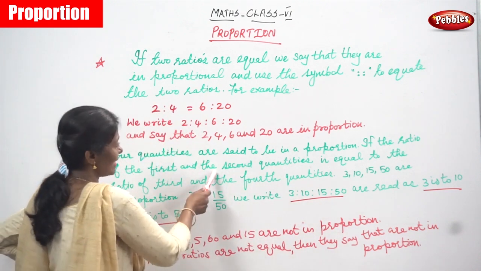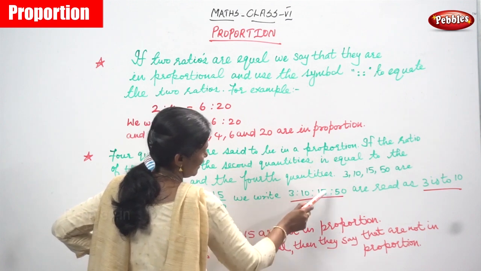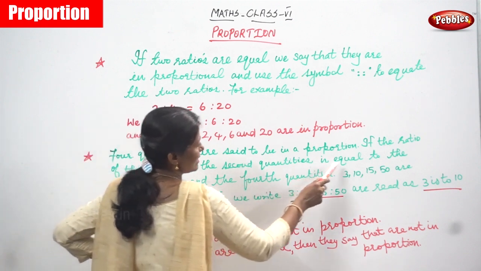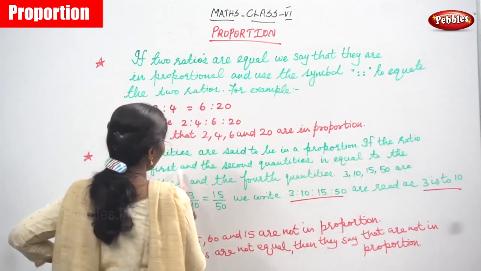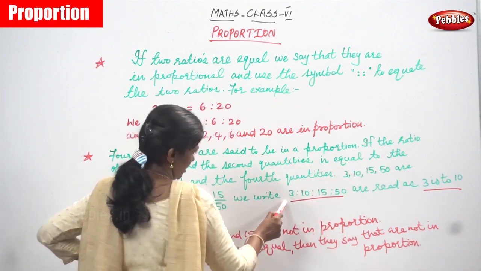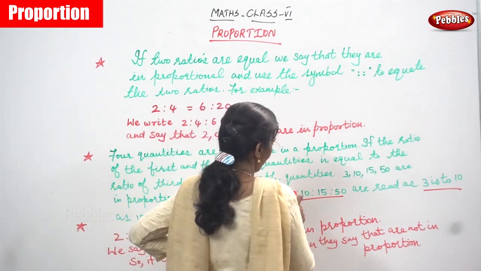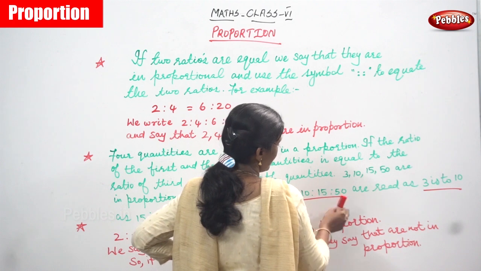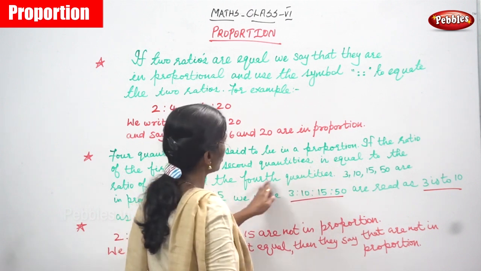This is the first and this is the second, and this is the third and fourth. The ratio of the first and second quantity is equal to the ratio of the third and fourth quantities.